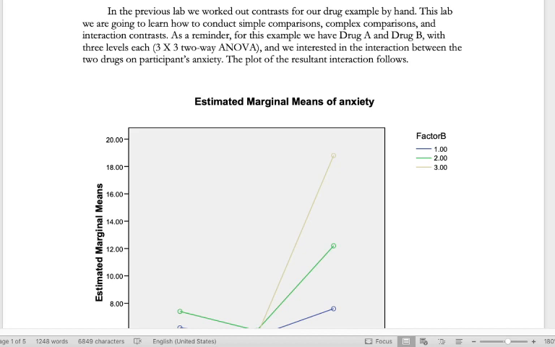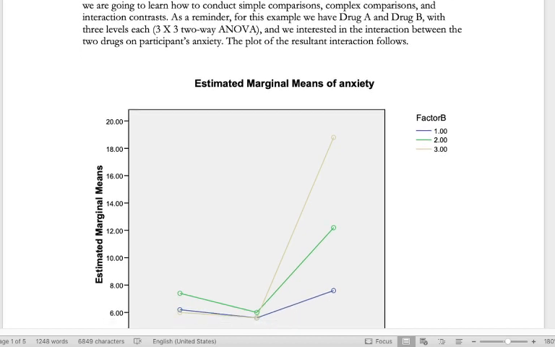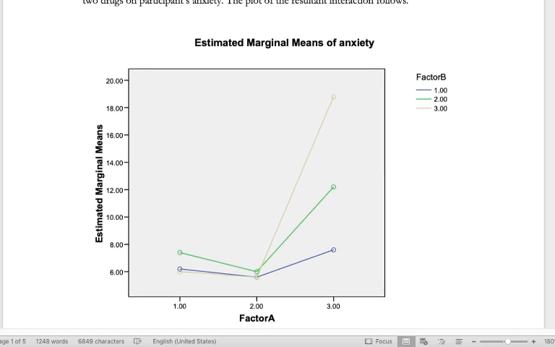Okay, so for this week's lab, like I said, it's the same data as we had before. So this is what it looks like, all graphed out. We can see what the relationship is between drug A, drug B, and what effect they have on anxiety.